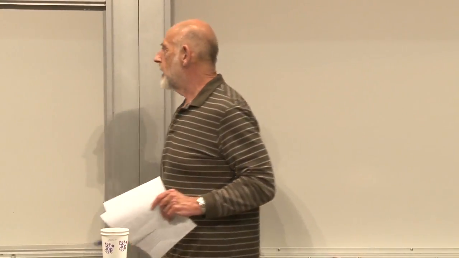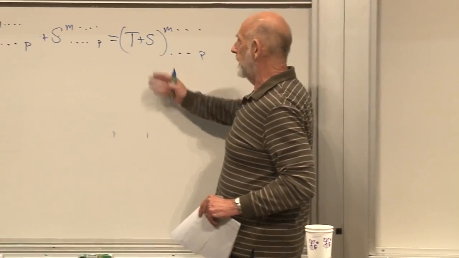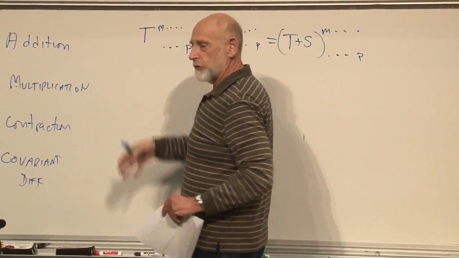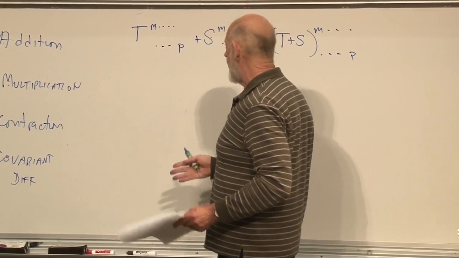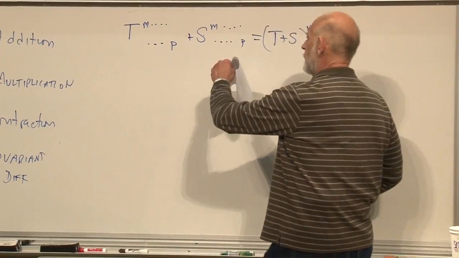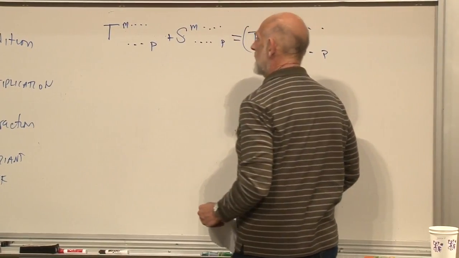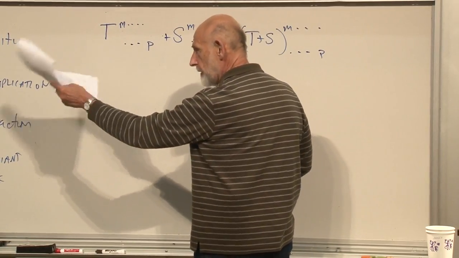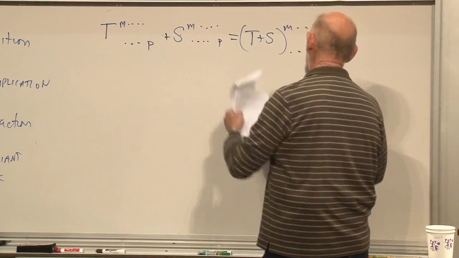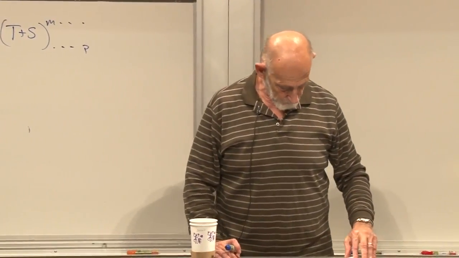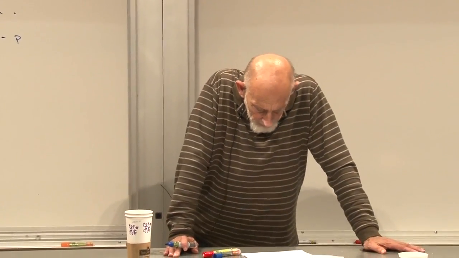It's obvious that this transforms the right way. If T transforms by multiplying it by a bunch of dx by dy's and dy by dx's, and S transforms the same way, then if you just factor out the transformation coefficients, you can see easily that the sum is also a tensor, transforms as a tensor.